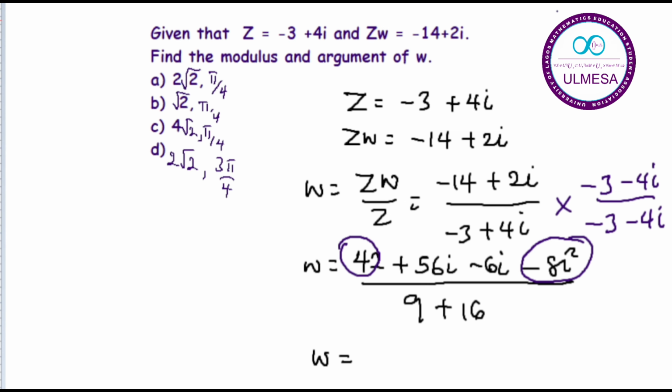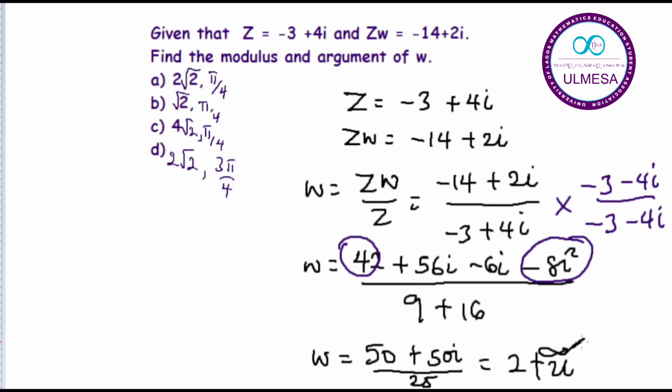That will be a 50, right? So that's 50. So 56i minus 6i, that is plus 50i also. Over 25. And that can cut, right? So that will be 2 plus 2i.